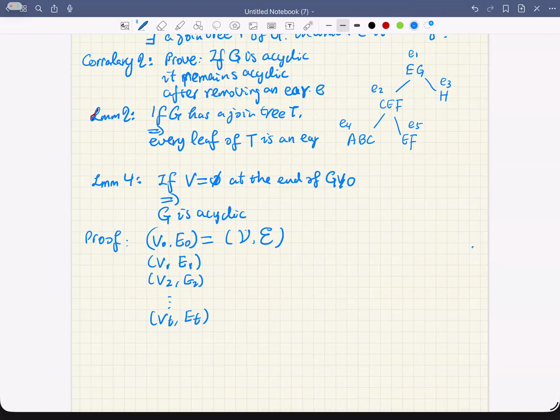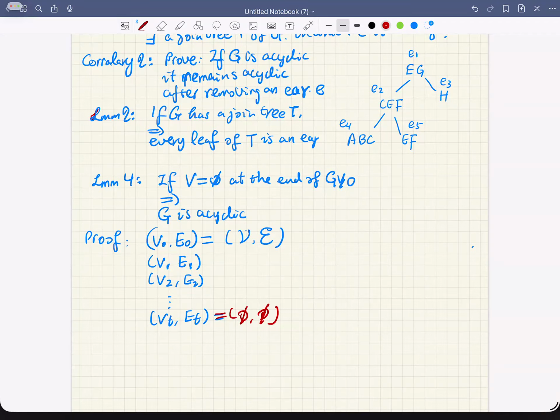By the way, what can you say about this VT, ET? Well, this VT, ET is definitely empty, because that's the if condition here. Here we say the algorithm has run all the way to the end, everything's empty. Now you want to argue that the original graph is acyclic. So that's the deal here.